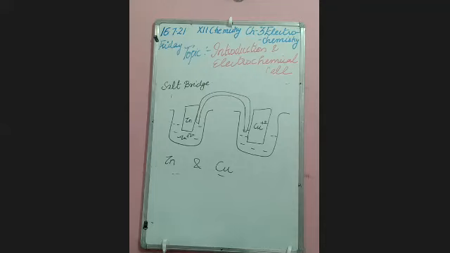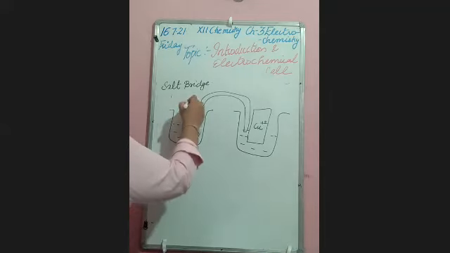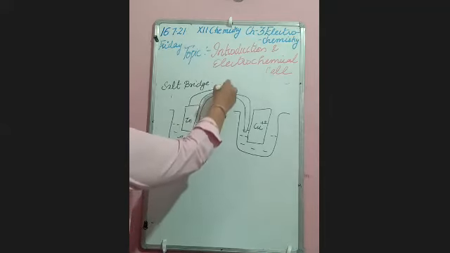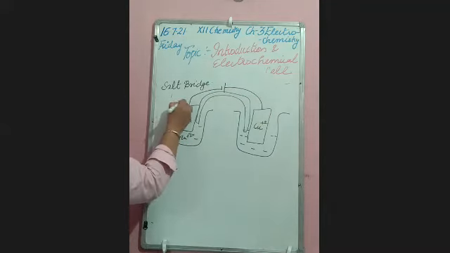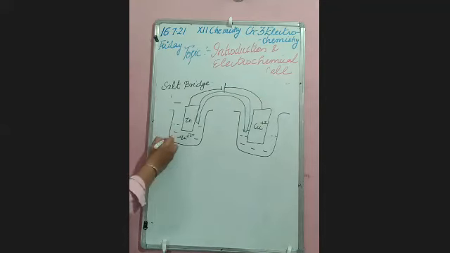Now, if I go to the reaction side, that is connected to the battery. Here, it is connected to the negative terminal of the battery and it is named as anode.